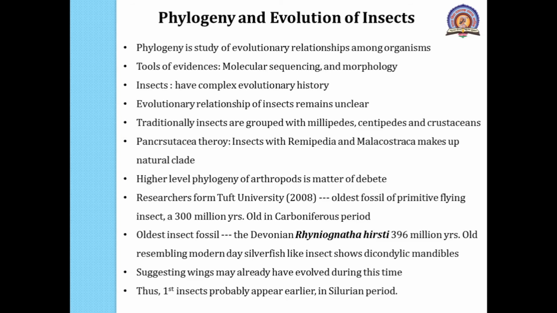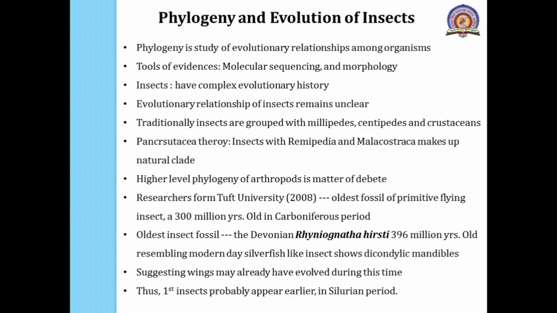The higher level phylogeny of arthropods continues to be a matter of debate and research. In 2008, researchers from Tufts University uncovered what they believe is the world's oldest known full body impression of a primitive flying insect, a 300 million year old specimen from the Carboniferous period.